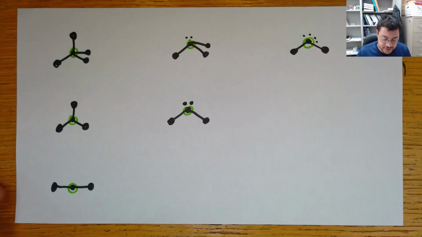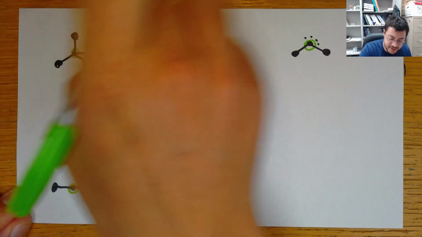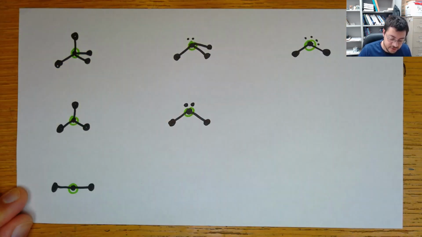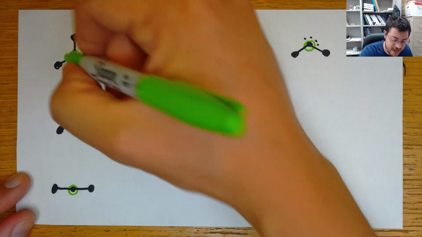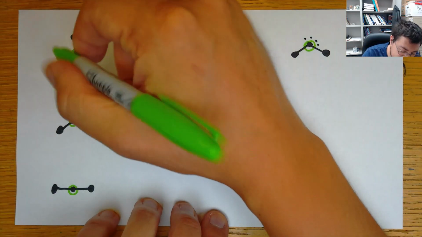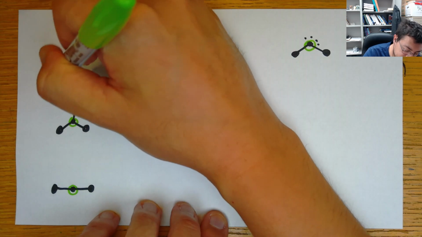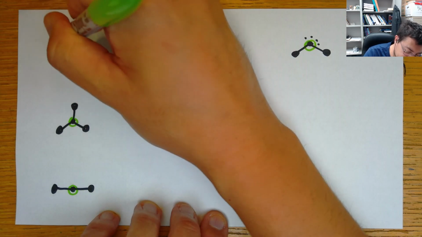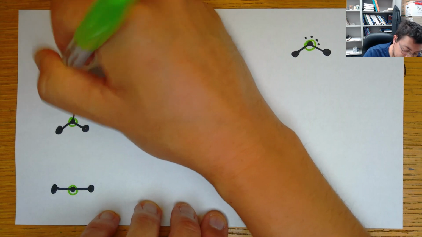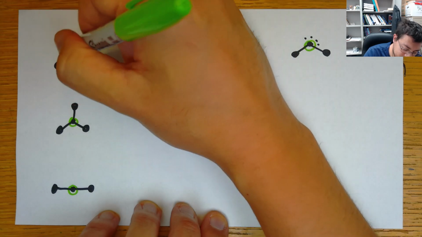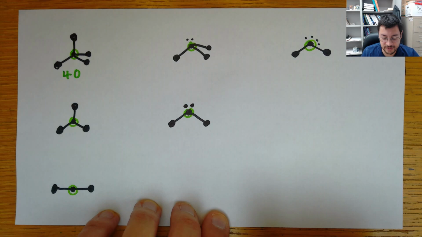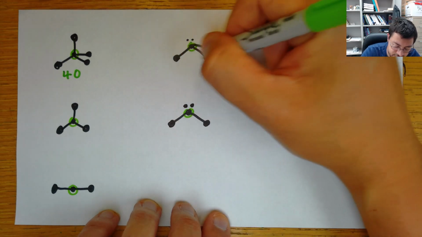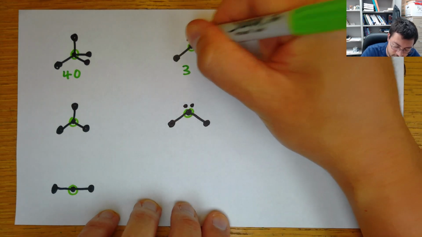Okay, so I'm going to want us to take the 6 Lewis structures and place them into each of these categories. So to help with that, before we do that, let's just look at each of these drawings and count how many bonded atoms there are with the first number. So in this one, 1, 2, 3, 4. And then how many lone pairs? Well, 0. So this is a 4-0 structure. How about this one? 1, 2, 3 bonded atoms, 1 lone pair.